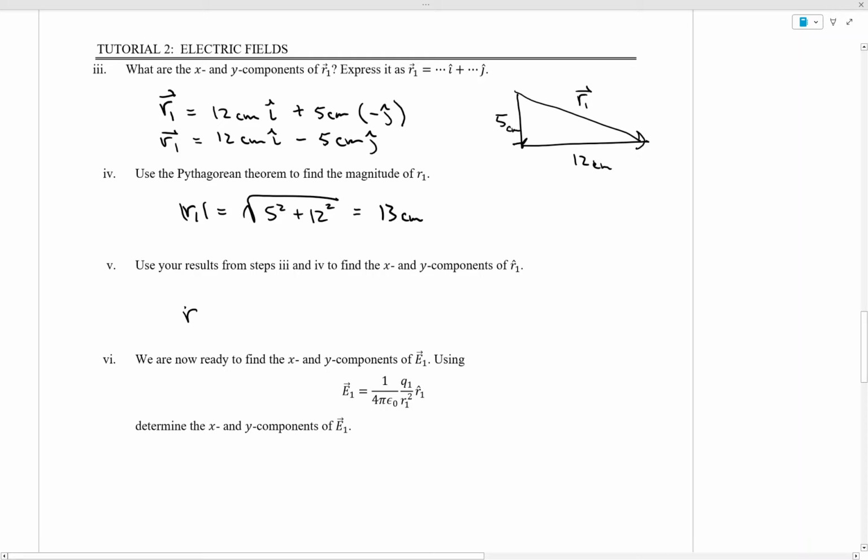So r1 hat equals r1 over the magnitude of r1. Let's put the pieces together.